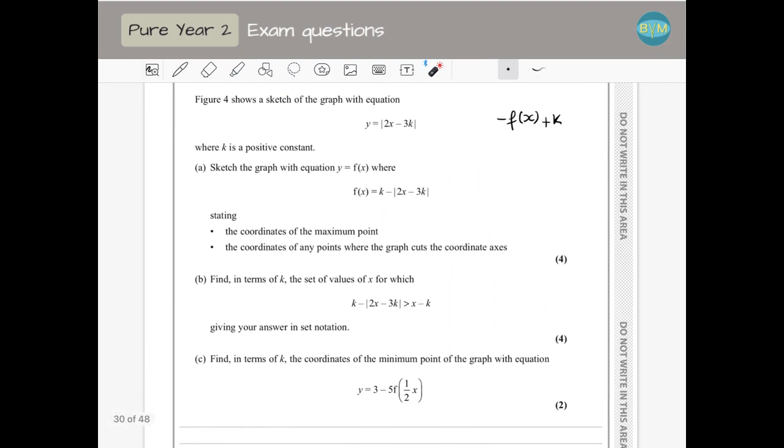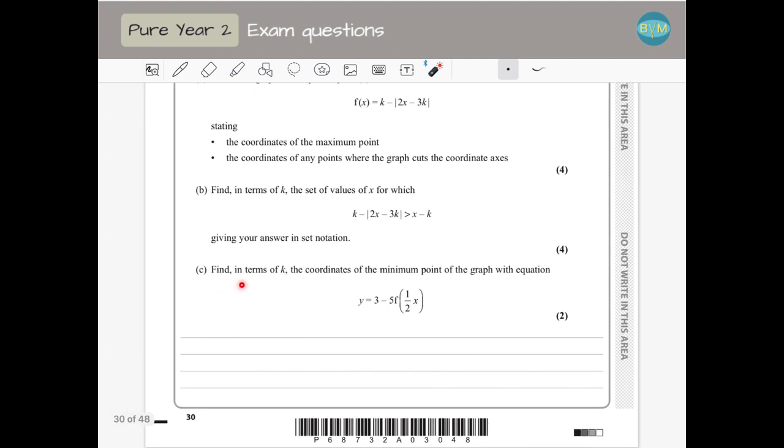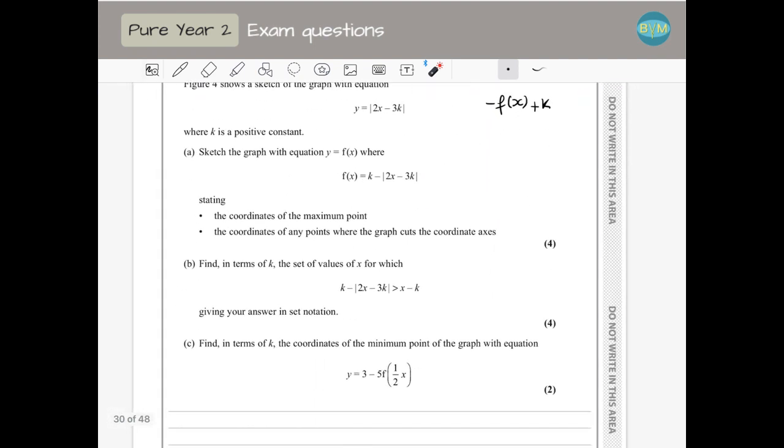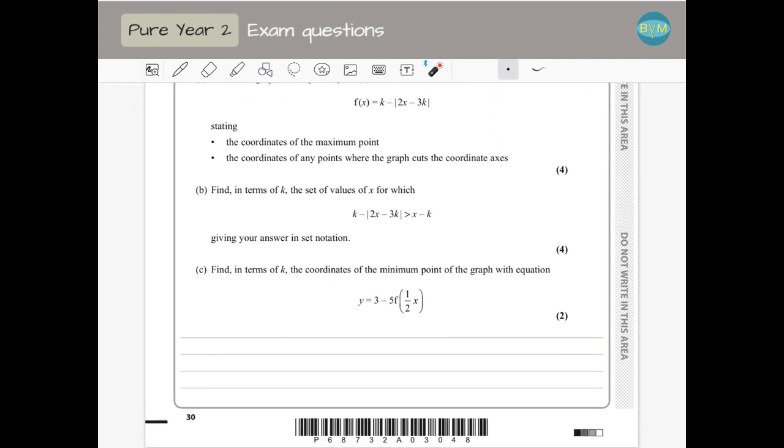Then for C, the last bit, they say, find in terms of k the coordinates of the minimum point of the graph with this equation. Minimum point. So I have my function, and I'm doing f of 1/2 x.